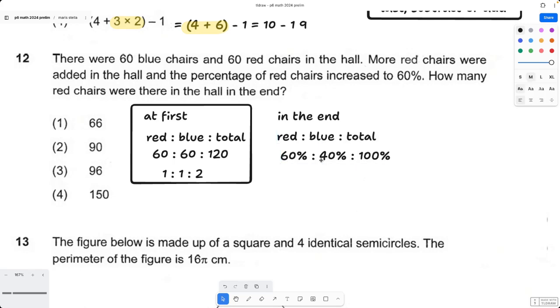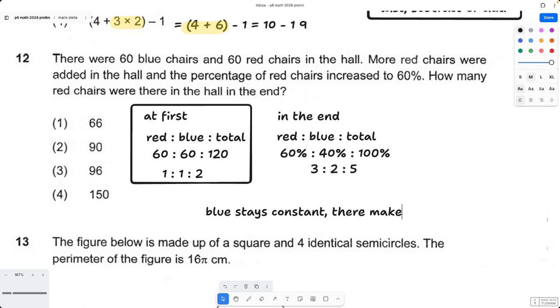So if you were to simplify this, it will become 6, 4 is to 10. Can simplify this again to be 3 is to 2 is to 5 over here. So we also know that blue stays constant, therefore make blue 2 as well.